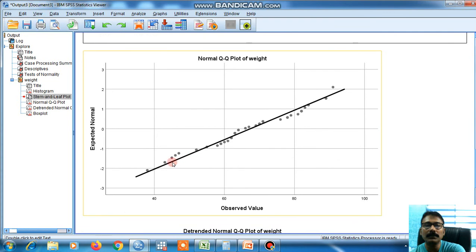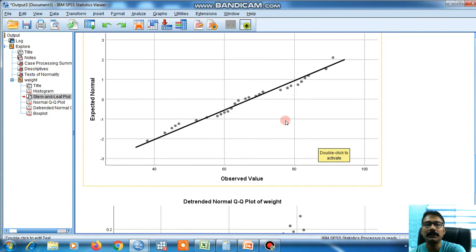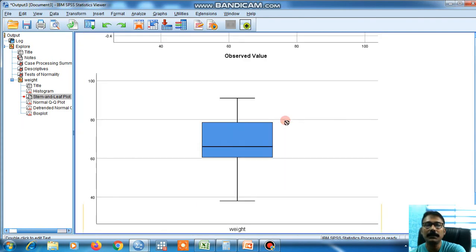Similarly, in the normal Q-Q plot, though all the points do not lie on the straight line, most of the points do, so we can accept. A little bit of skewness is there, but still we can accept that the data has been sampled from a normally distributed population. This is the box plot. The whisker lengths should be the same, and apparently they are not, but we can approximately take them as the same.